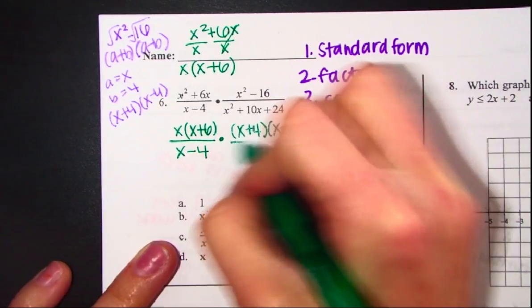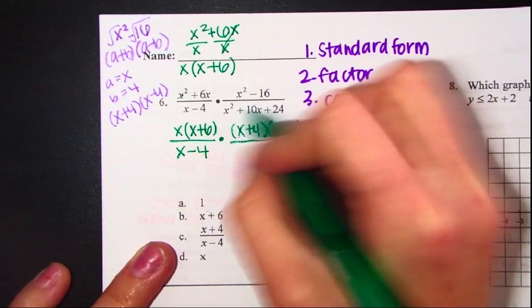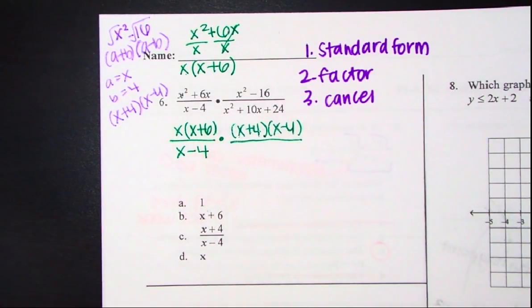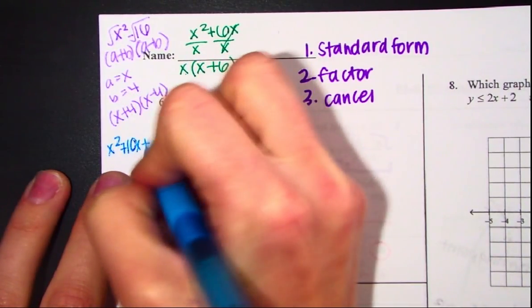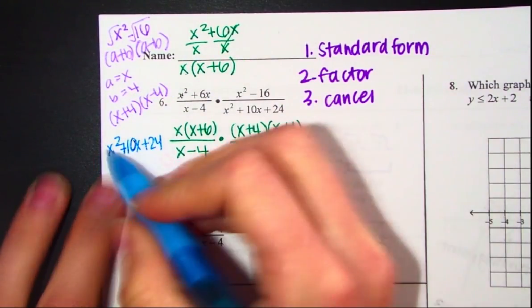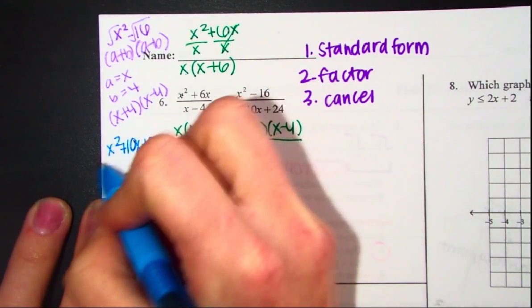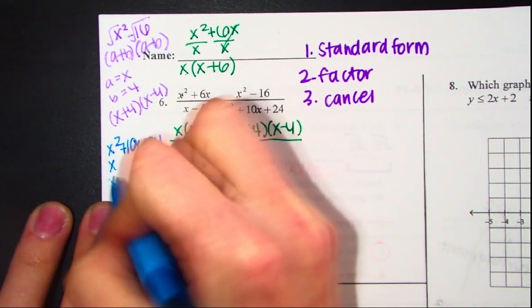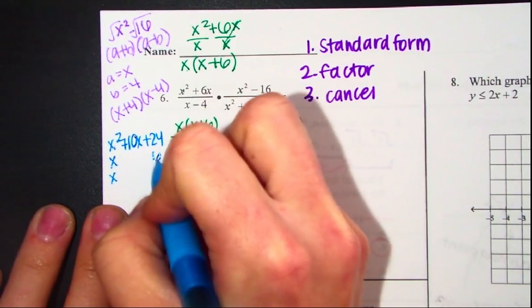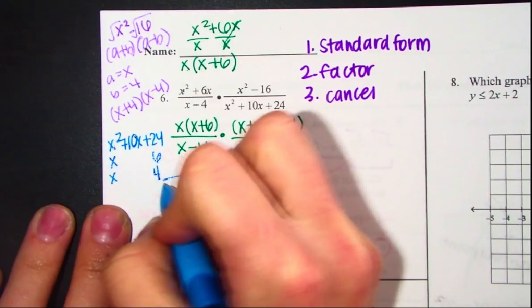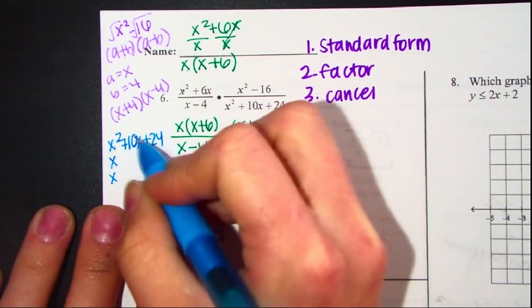And then we're going to factor this last trinomial on the bottom, and I will do that over here on the side. I have x squared plus 10x plus 24. When I factor this, I'm going to use my procedure of what two terms multiply to give me x squared. It's going to be x times x. Two terms that multiply to give me 24 are going to be 6 and 4 that have to add up to positive 10x for my middle term.